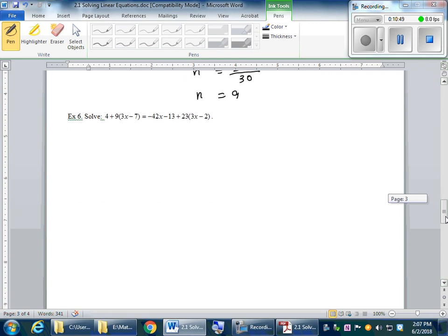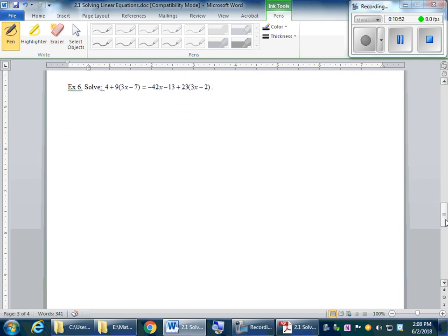Example 6. So as usual, we're going to try to distribute it first. On the left hand side, distributing 9, that'll be 4 plus 27x minus 63, right? Distributing 9.